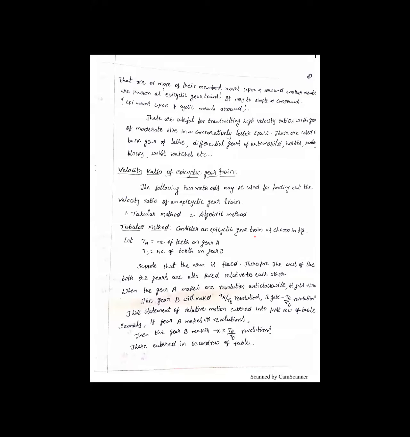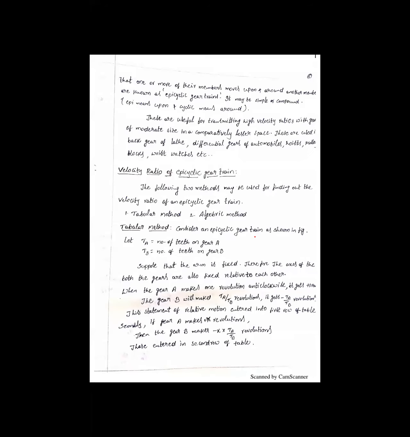Before going to the tabular column method, let us take some assumptions. Consider an epicyclic gear train as shown in the figure. The assumption is that the arm is fixed and the gear A makes plus one revolution.